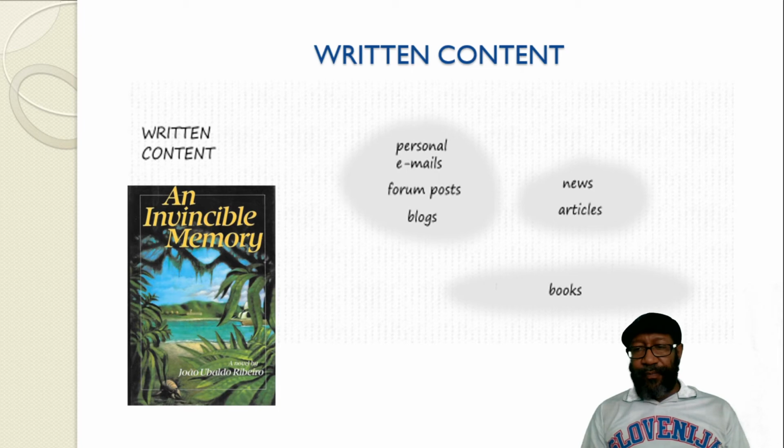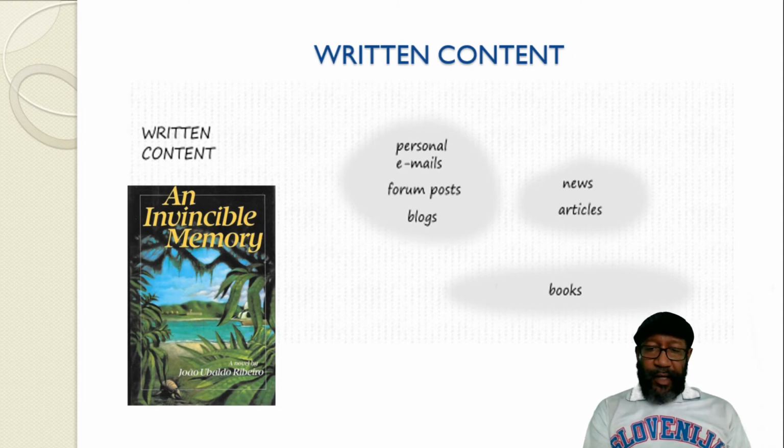And books also depend on the target you want to reach. Here I have a picture of An Invincible Memory. It's a book from João Ubaldo Ribeiro, and actually it is the English version of Viva o Povo Brasileiro, I guess his most famous book. João Ubaldo Ribeiro is a great writer.